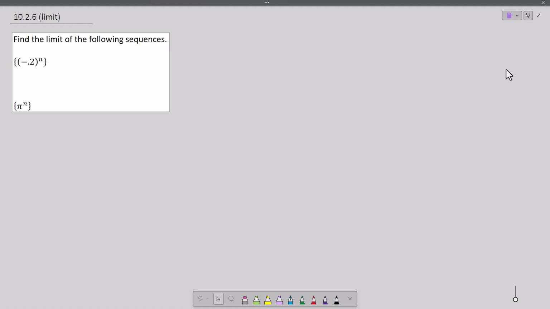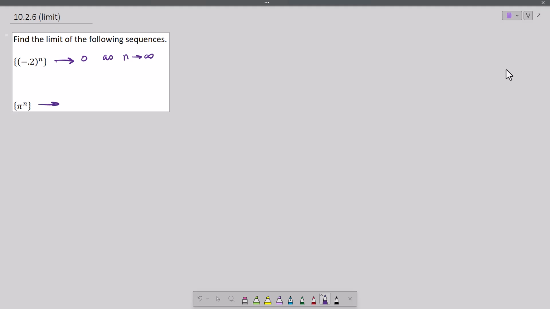So if you take a number under 1 and you start multiplying it by itself repeatedly, it gets closer and closer to 0. Now because this is negative, it will approach 0, but it's going to oscillate. It's going to go positive, negative, but it's going to be squeezing down on 0. So the limit of this will be 0 as n goes to infinity.